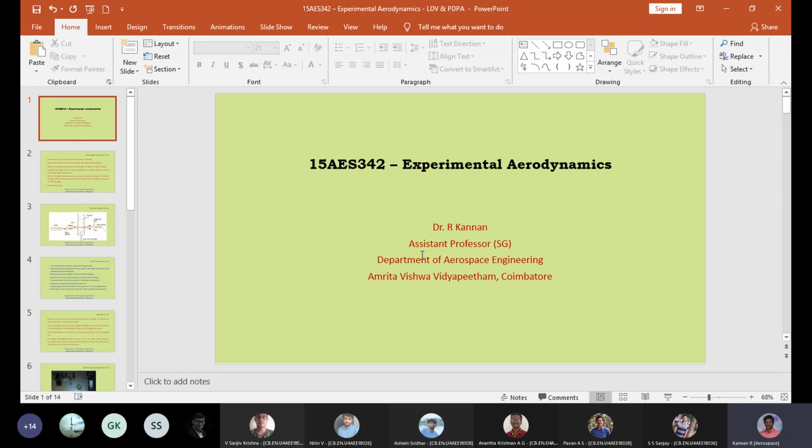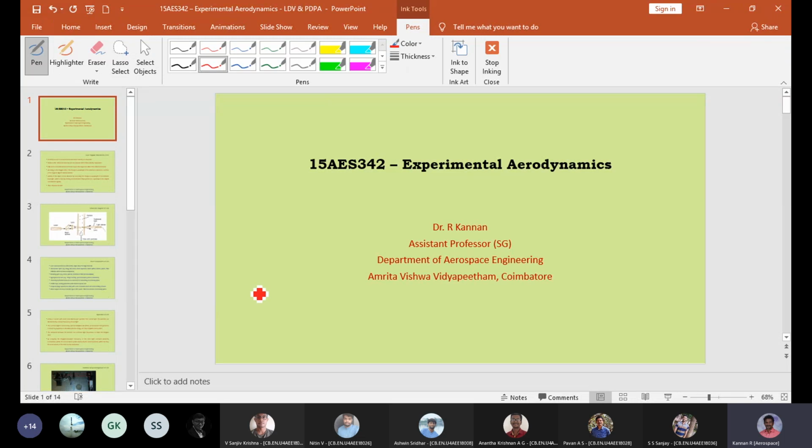For example, this is your flame, and I want to measure at this location the CH profile, OH profile, CO profile, and even the flame temperature, which we can measure from the OH itself.